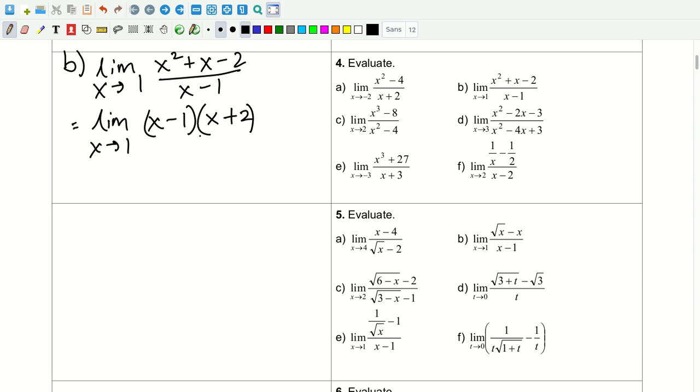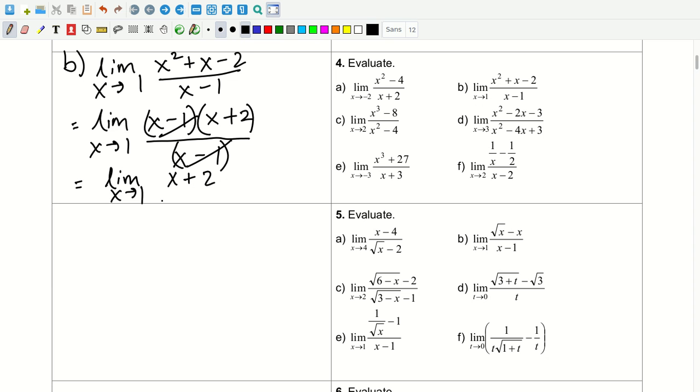Now let's quickly check. I got x squared minus x plus 2x. That gives me a plus x. That's looking good. And then -1 times 2 is -2. So these are our two factors, and we've got x minus 1 in the bottom. So again, we cancel, and now I've got the limit as x approaches 1 of x plus 2. Again, this is a polynomial of degree 1.